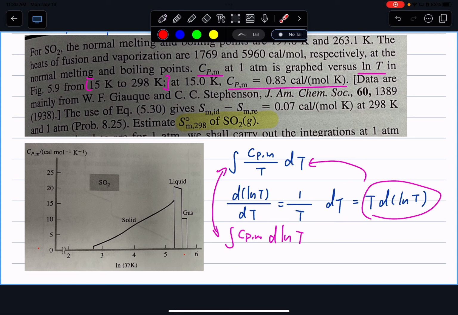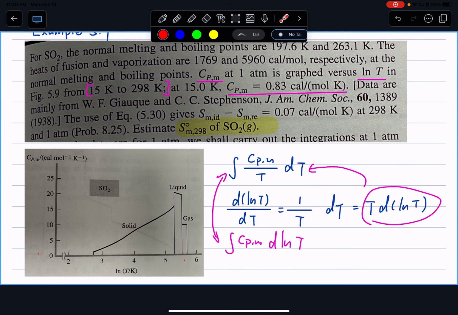We're just looking at the area below the curve, where the y-axis is the heat capacity and the x-axis is ln T. So that's one of the questions: why on some thermodynamic pictures are people plotting against ln T, or eventually we'll see against 1 over T? What is the reason behind it? It's easier for us to evaluate the integral that way. Take a picture if you don't have it, and we're ready to get started.